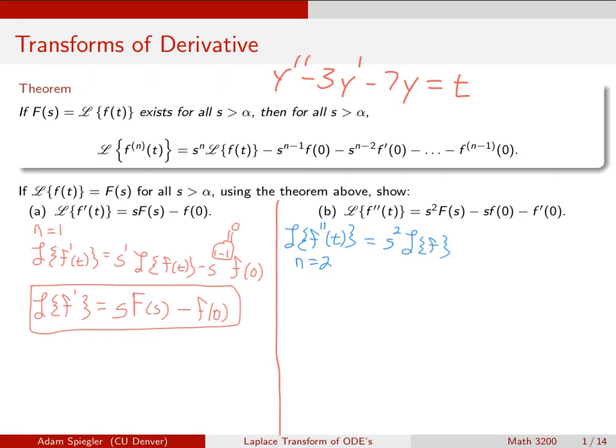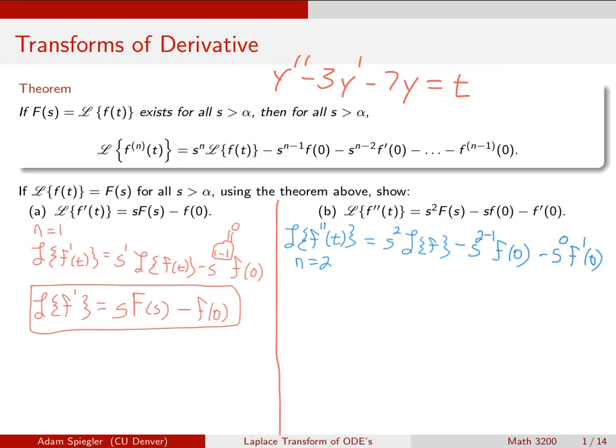Then we subtract s to the 2 minus 1 times f of 0. And then we subtract s to the 2 minus 2, which is s to the 0th power, times f prime of 0. That's where we would stop because we've run out of powers of s.